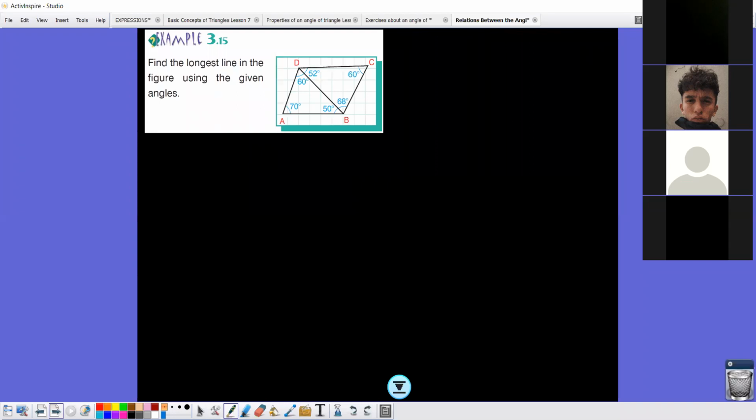Now, here we have two, let's say, combined triangles, and we will find the longest line in this figure. Which one will be the longest line? Now, if we check the triangles separately. Firstly, I am checking the triangle ABD.